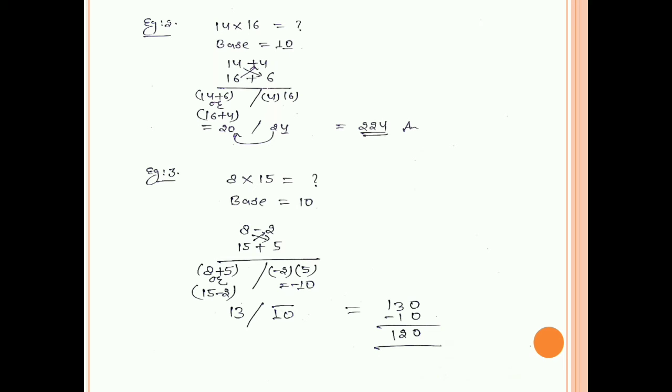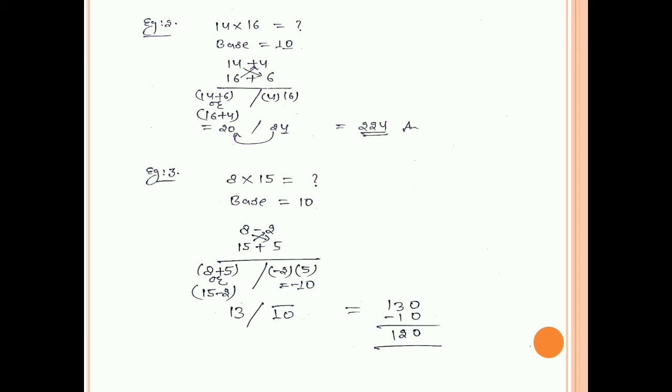In the next example, I am taking one number that is more than 10 and another that is less than 10. 8 is less than 10 and 15 is more than 10. Again we are choosing base as 10. So 8 minus 2 and 15 plus 5, since 8 is less than 10 by 2 and 15 is more than 10 by 5. Now we will multiply minus 2 and 5, we will get minus 10.